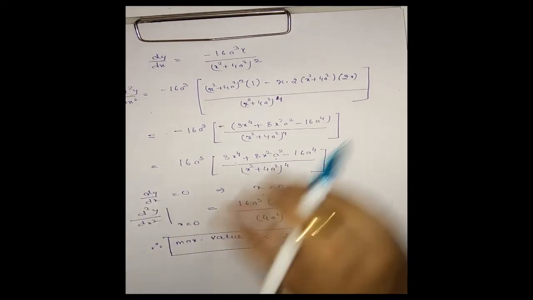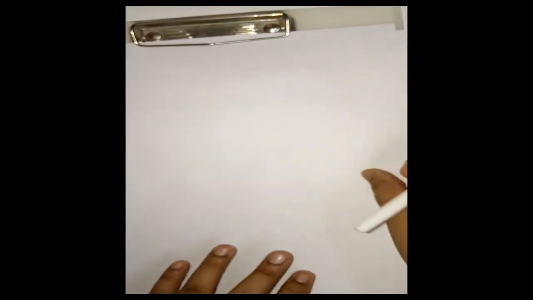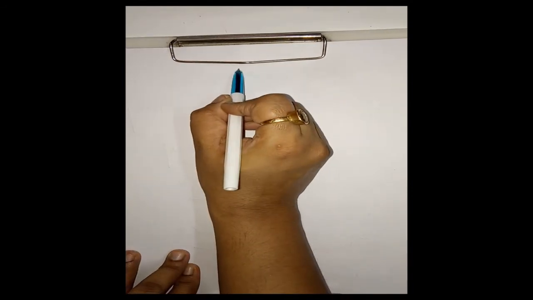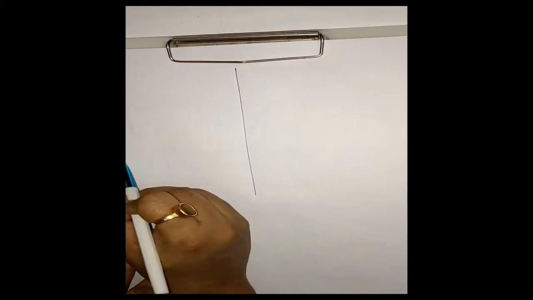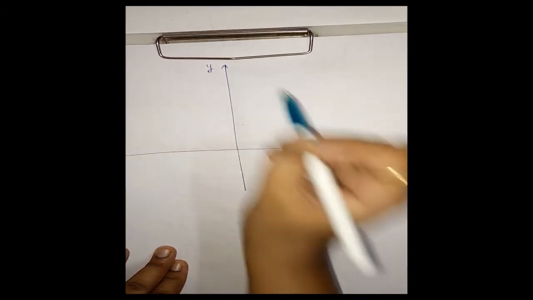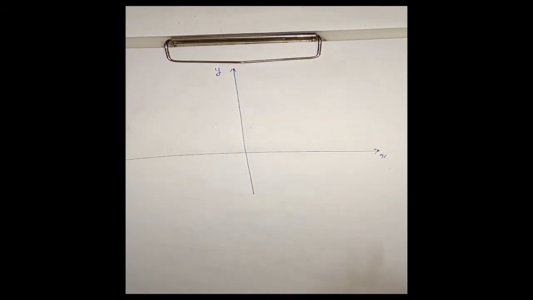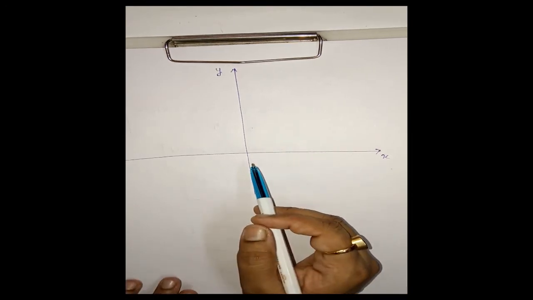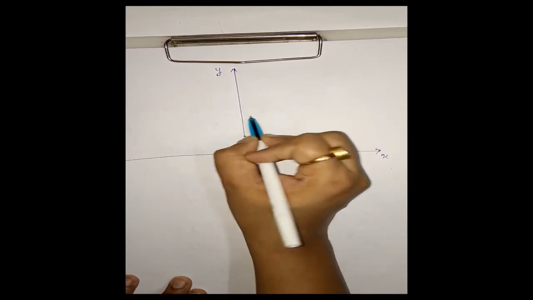Now, from all these steps, we are able to trace our curve. No need to find points of inflection; we are able to trace at this step only. First, draw this. This is my x-axis, this is my y-axis. Now, this is my point a, this is my 2a.